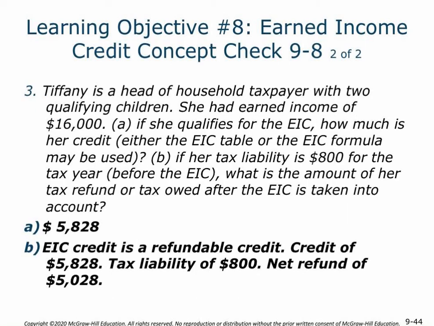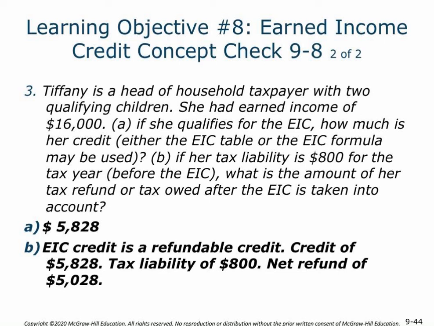Concept check 3, Tiffany has a household with 2 qualifying children. She had an earned income of $16,000. If she qualifies for the earned income credit, how much is her credit? And then if her tax liability is $800 for the tax year, what is the amount of her tax refund or tax owed after the earned income credit is taken into account? So she qualifies for $5,828.